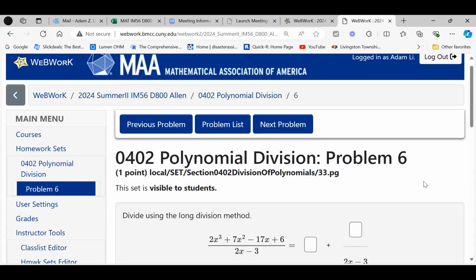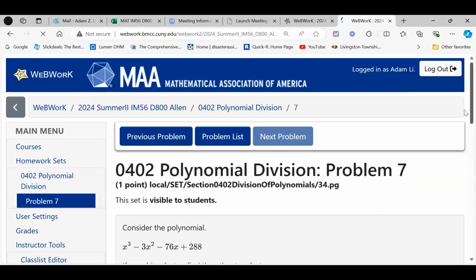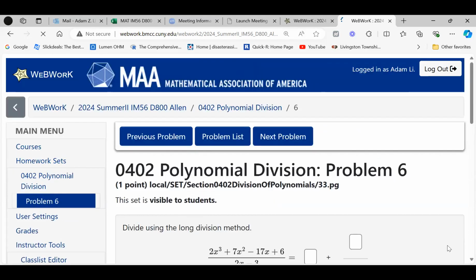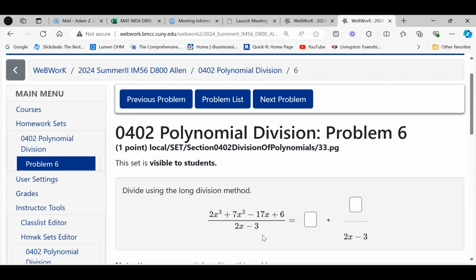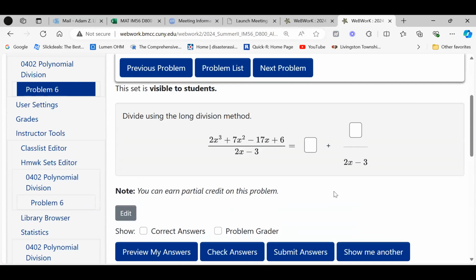Okay, let's see what else is. Okay, this is another one. Let me see. Yeah, so I want to go over this one as well, because this one is quite similar. As you can see, it's similar to the one we just did. You can try it.